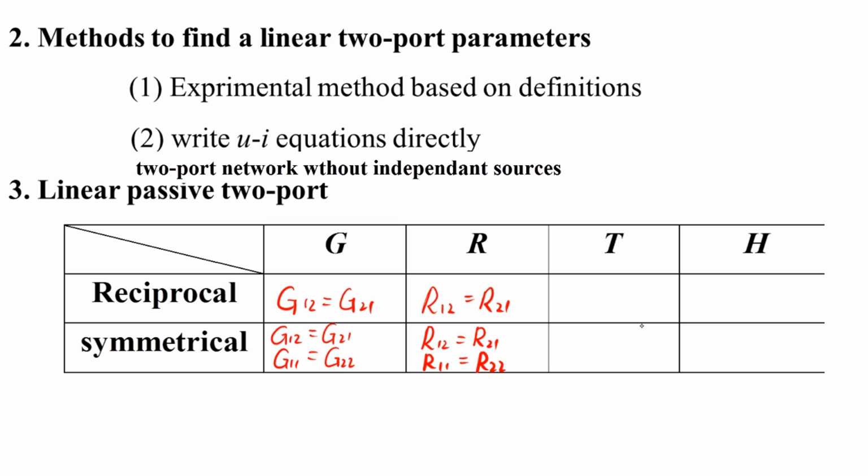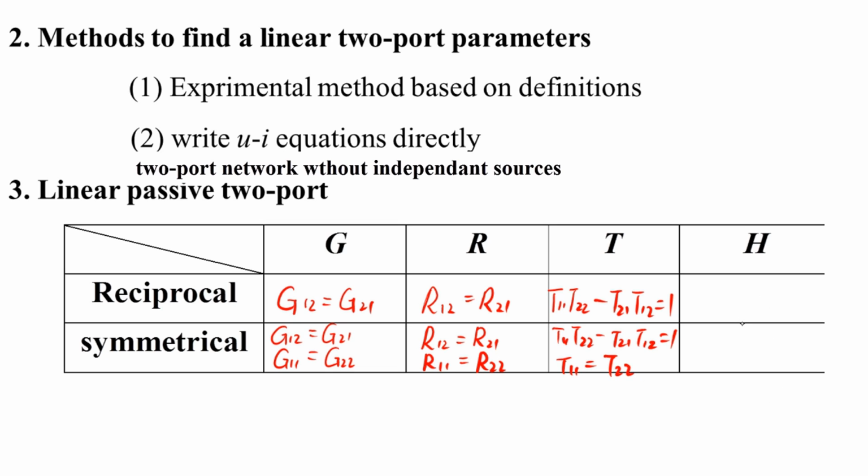For the reciprocal two-port, the determinant of its matrix T equals 1. For the symmetrical two-port, besides the determinant of the matrix T equals 1, T11 equals T22.